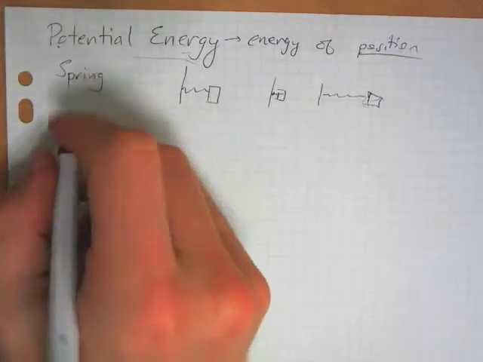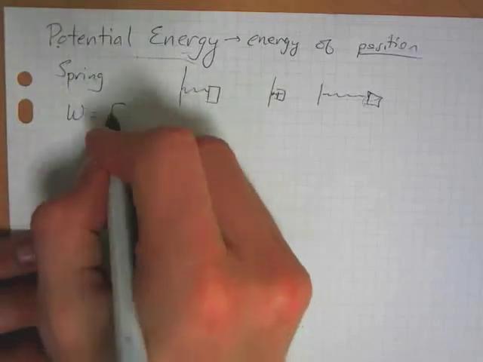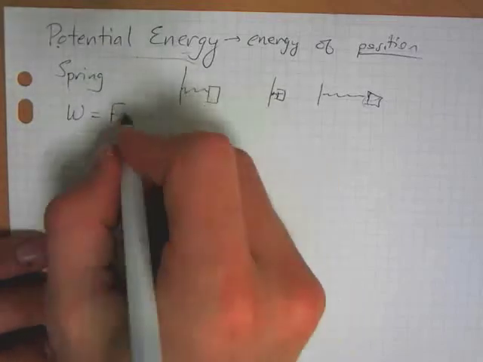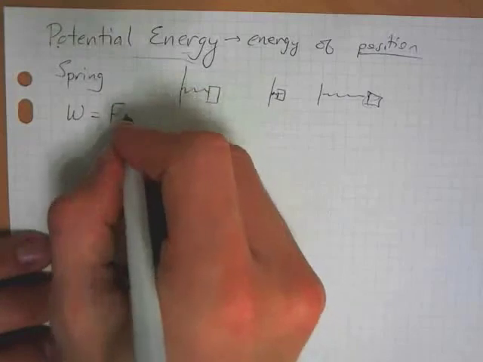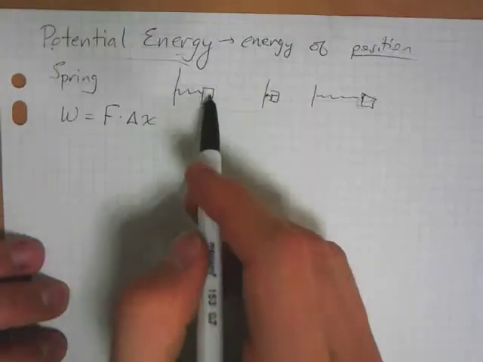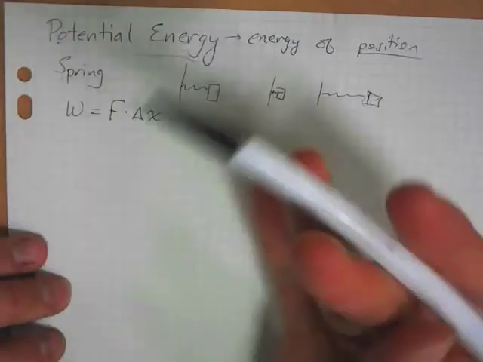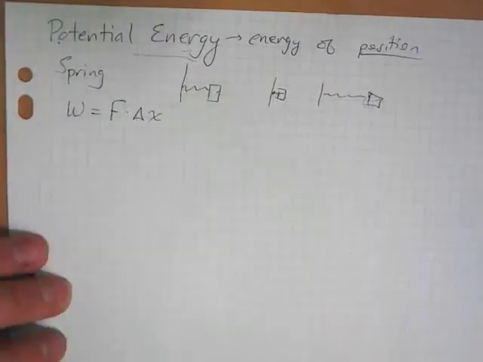Now we know that work, in its most basic definition, is F cos theta times d. In this case, that just becomes force times our delta x, because we're moving an object. For compressing or stretching the spring, we're moving an object, and we're applying force in the same direction or the opposite direction as the object is moving.